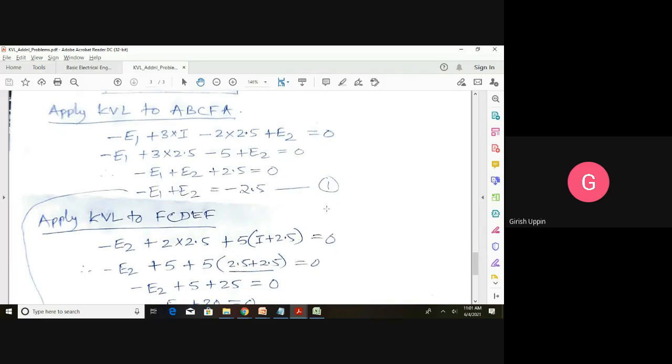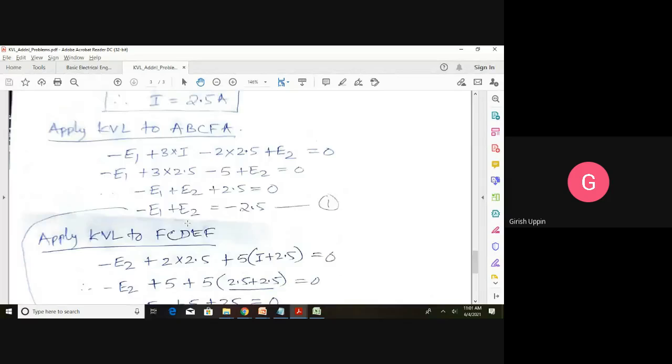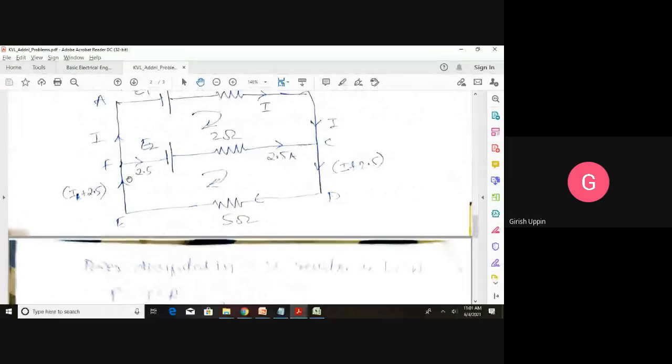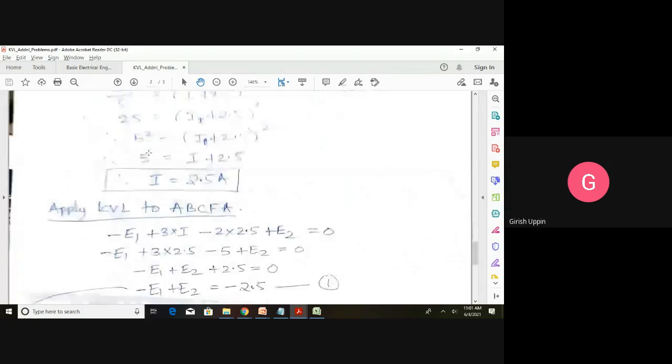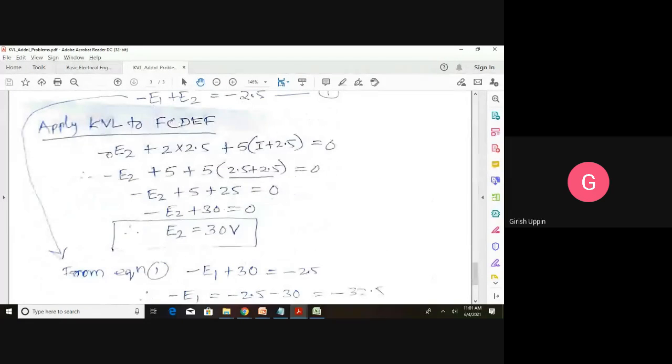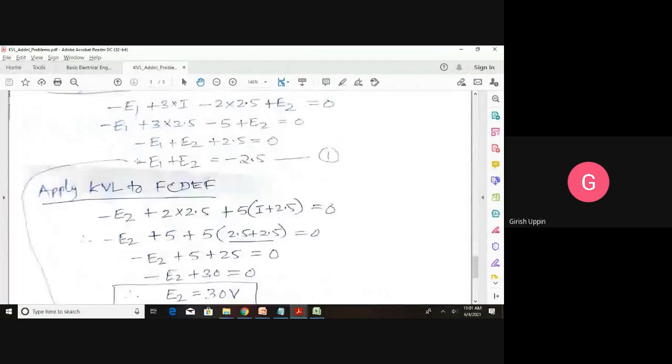Now, similarly, we will apply KVL to FCDEF. That is the next loop. So you start from this node, you come across the negative plate of the EMF source. So I will take this value, which is unknown, as minus E2. Then I will continue.